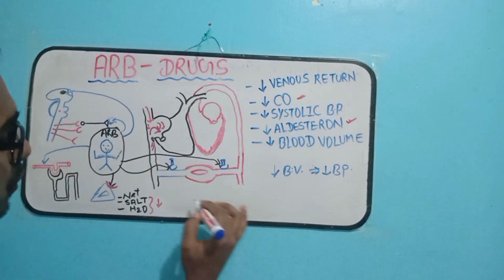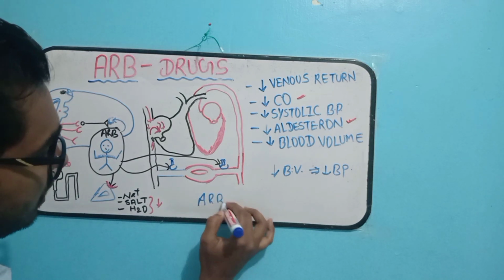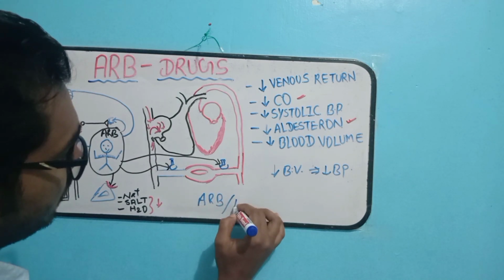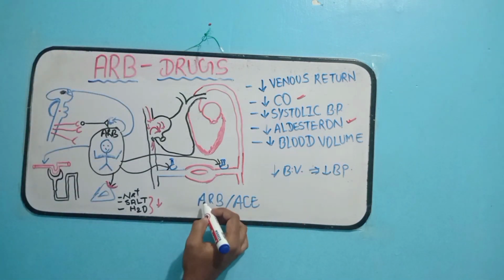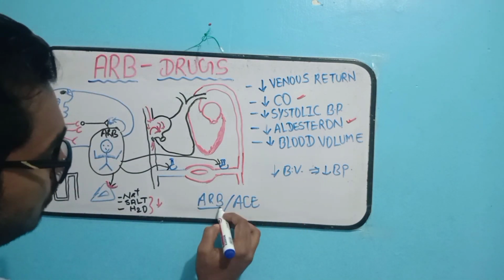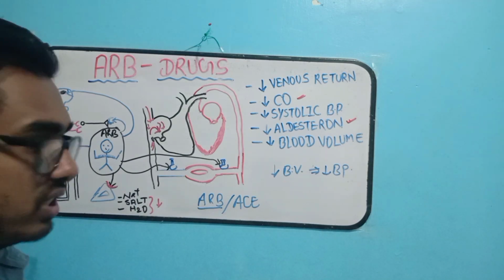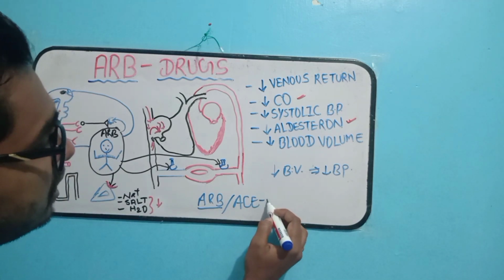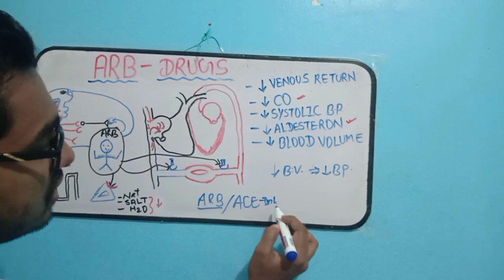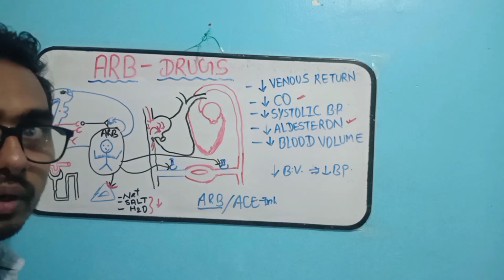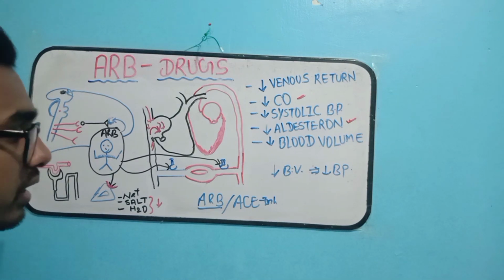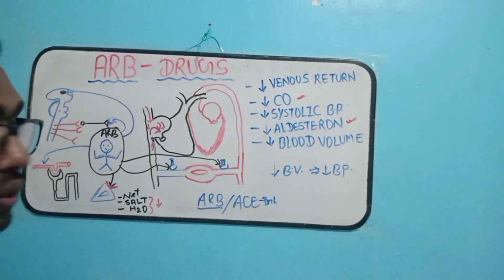The real difference between the ARB and ACE inhibitor is that the ARB directly blocks the angiotensin 2 receptor, but the ACE inhibitor inhibits the action of the angiotensin converting enzyme, and that leads to a decrease in the level of angiotensin 2.